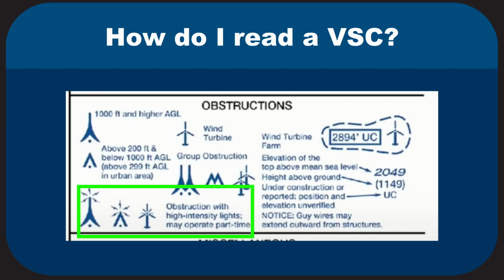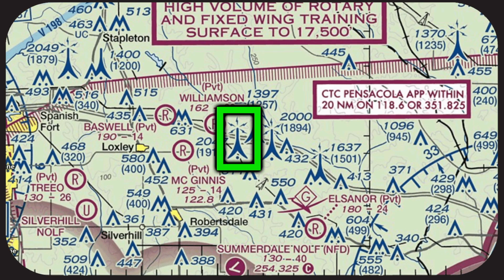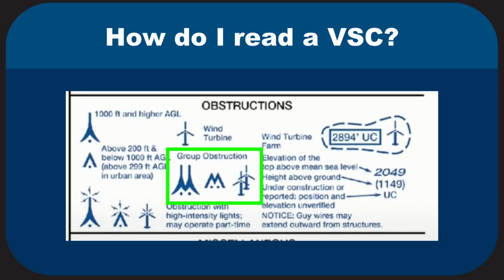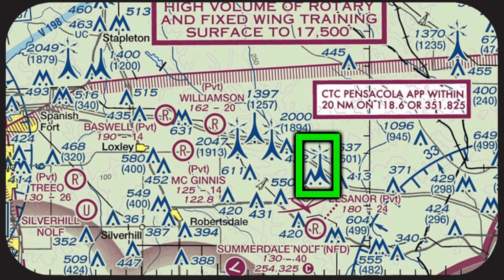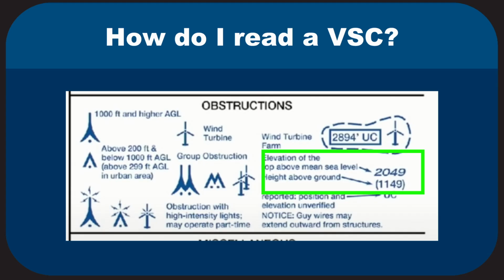As you can see, there is a symbol for lighted obstructions. Group obstructions look like this. Additionally, under obstructions, you will find various elevation information notations.